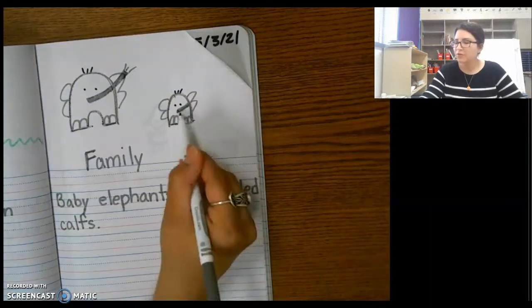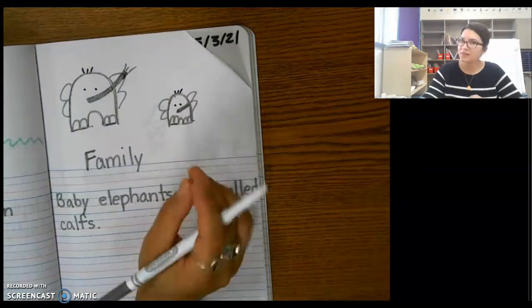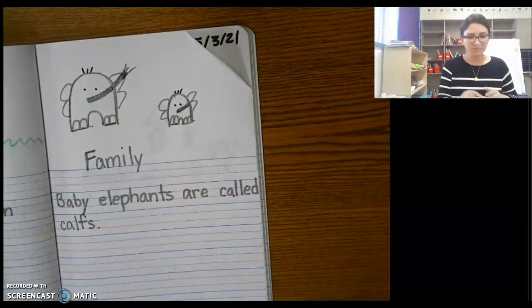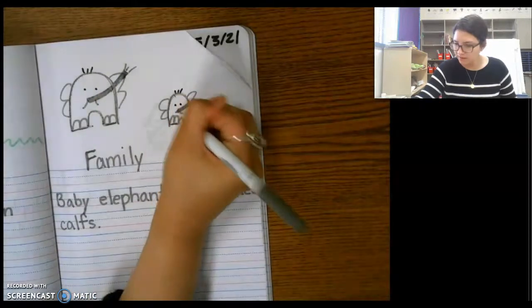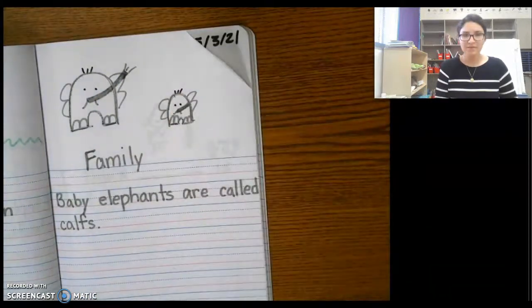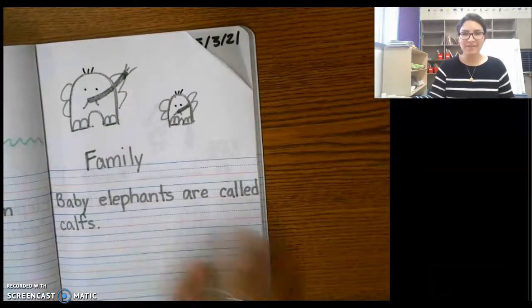The little trunk on the elephant is smaller because it's a baby. Tusk. Tiny tusk. Okay, mama elephant, baby elephant, okay?